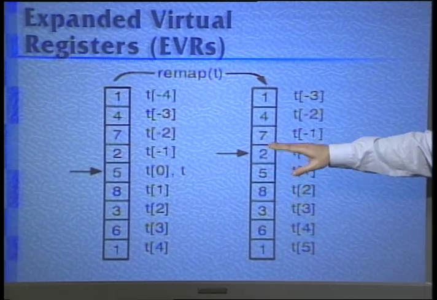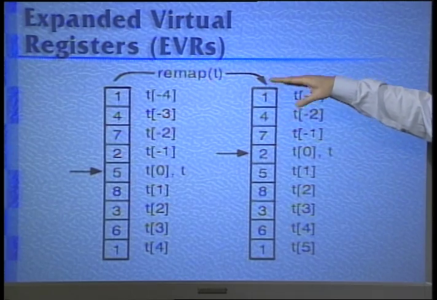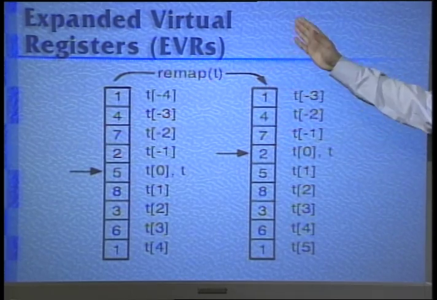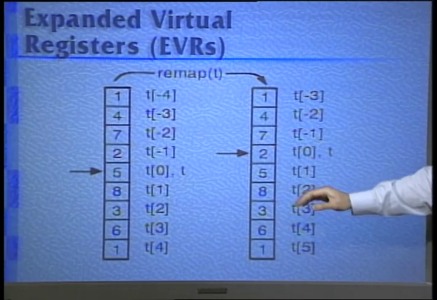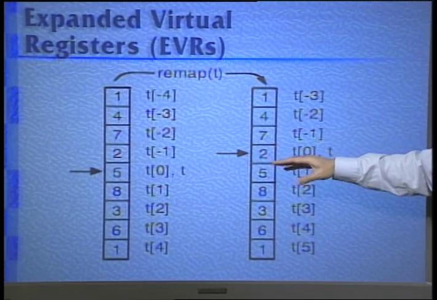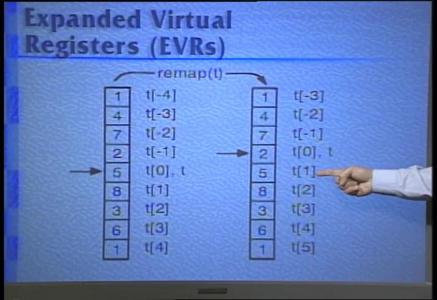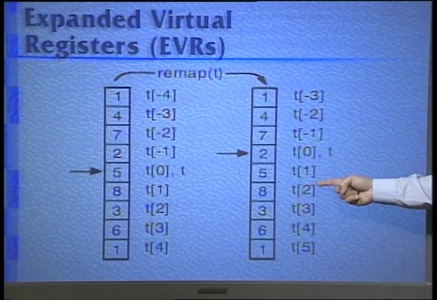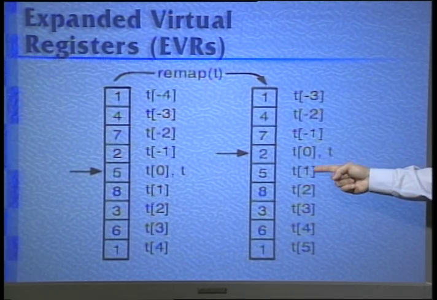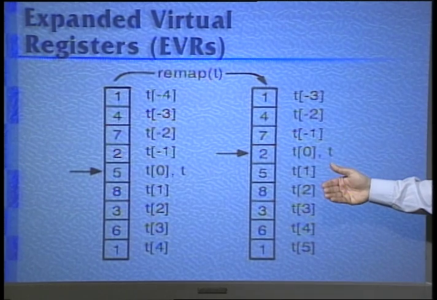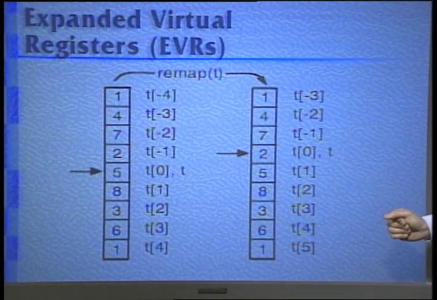As a result, since we always assign to distinct virtual registers within this one expanded virtual register, all of the old definitions are available and can be referenced by using a subscript. In general, the subscript tells you how many definitions ago you want the value for.